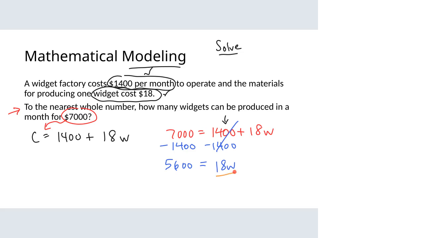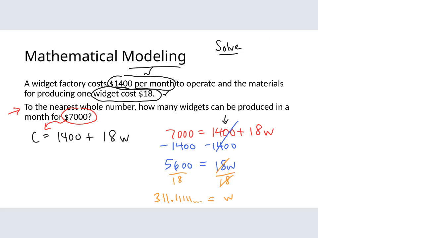We're going to divide by 18. I'm going to divide by 18 on the right. That gets this to cancel, leaving me just the W. That's what I was trying to do, get the W by itself. If I divide by 18 on the right, I need to divide by 18 on the left. When I do that, 5,600 divided by 18 is 311.11111, and that keeps going.